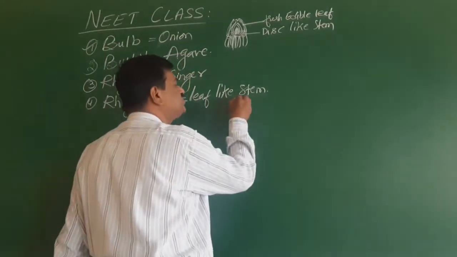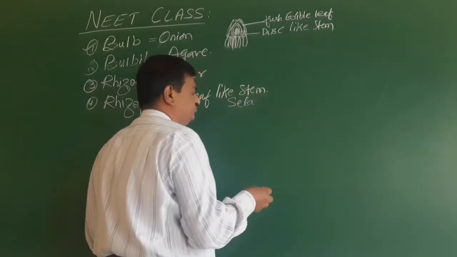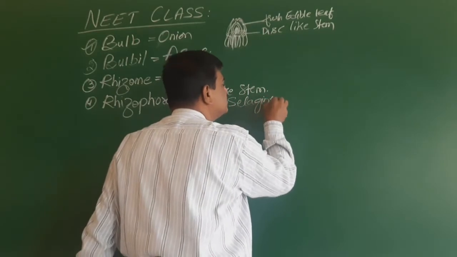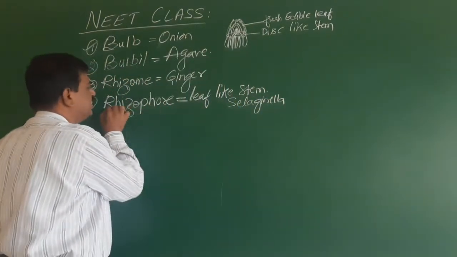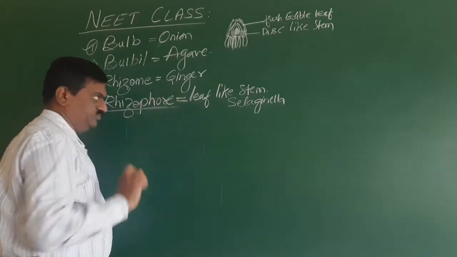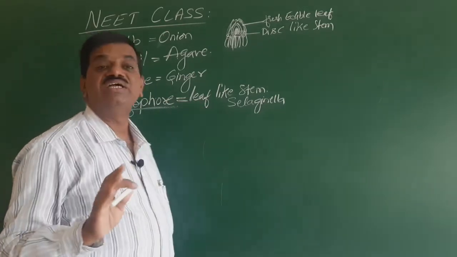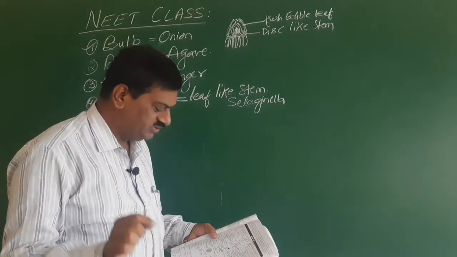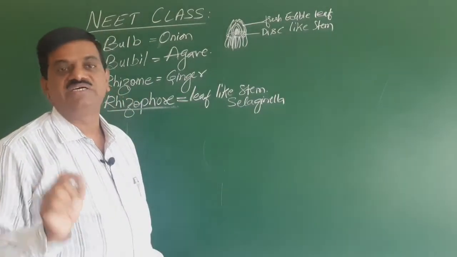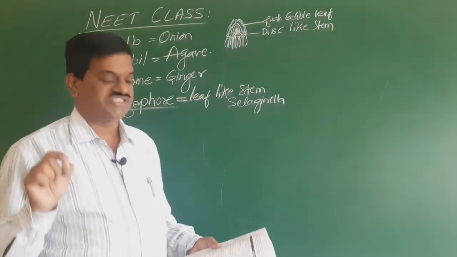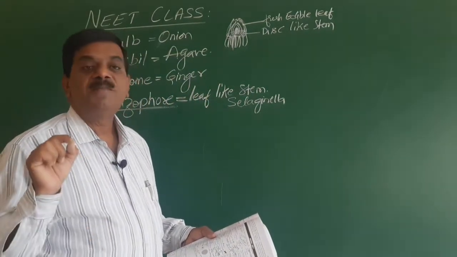This can be noticed in a plant called Selaginella. So the first option, bulb, is the right one. An underground reduced disc-like stem can be noticed in the bulb.